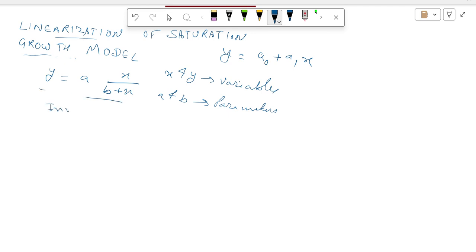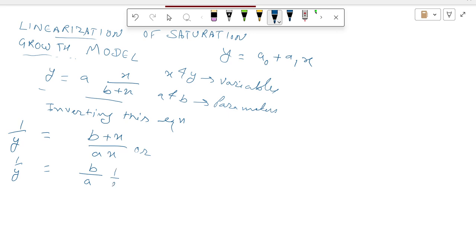If you invert this equation, it gives you 1/y = (b + x)/(a x), or this can also be written as 1/y = (b/a) times 1/x + 1/a.